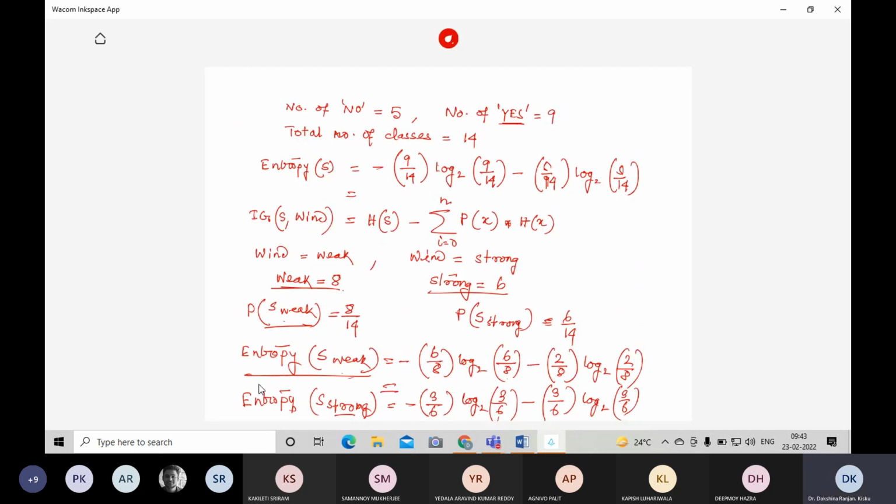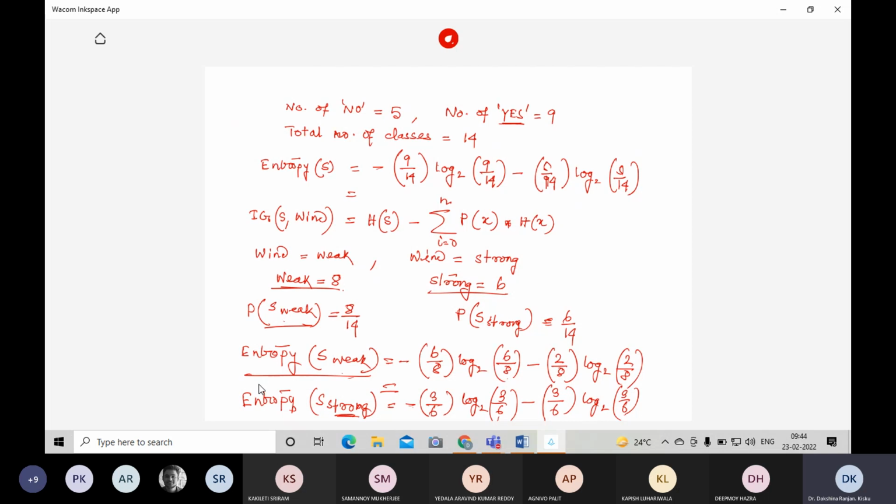Here you can see that the entropy for strong values is given by minus 3 by 6 log of 3 by 6.